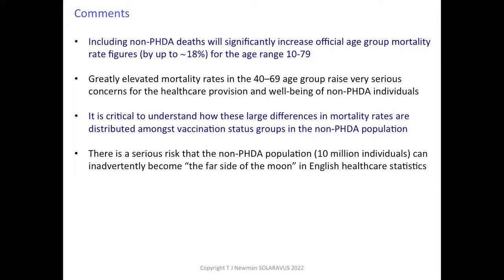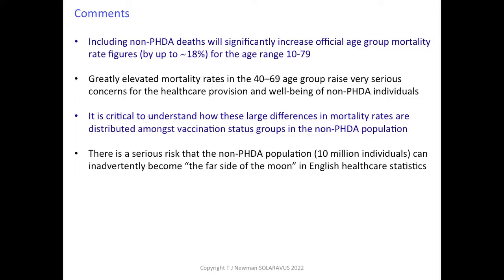Something that we haven't been able to address here is how these large differences in mortality rates filter down to the different vaccination status groups, which is actually our main interest in this series of videos. And that's something we can't address here because we simply don't have the data for such a study.